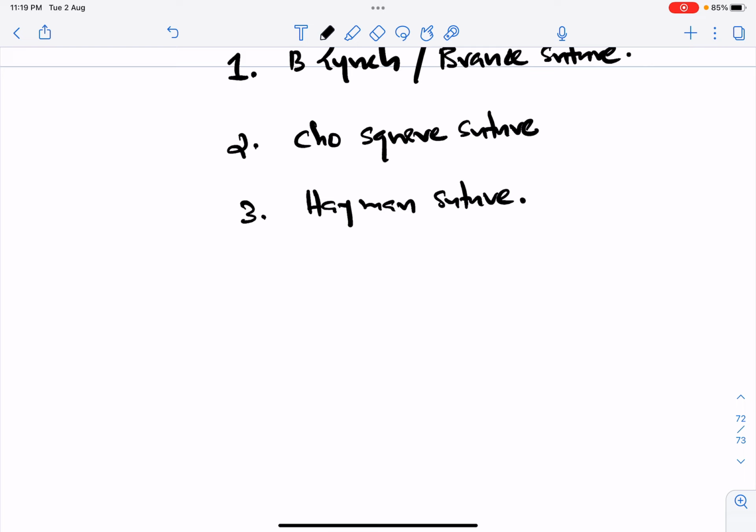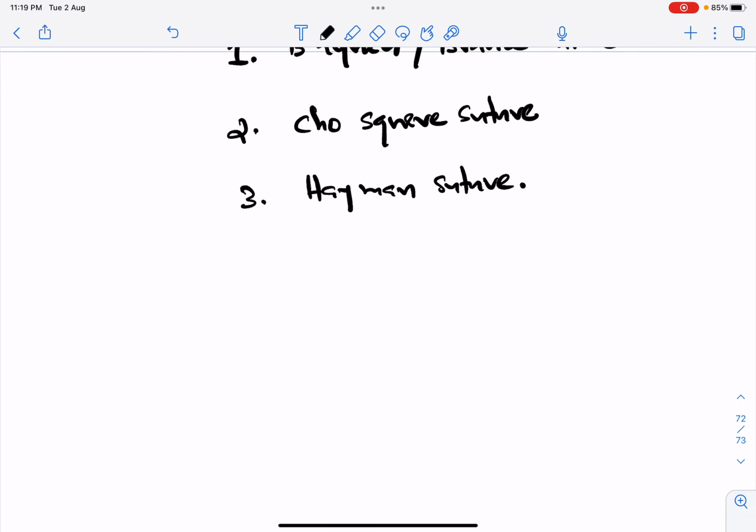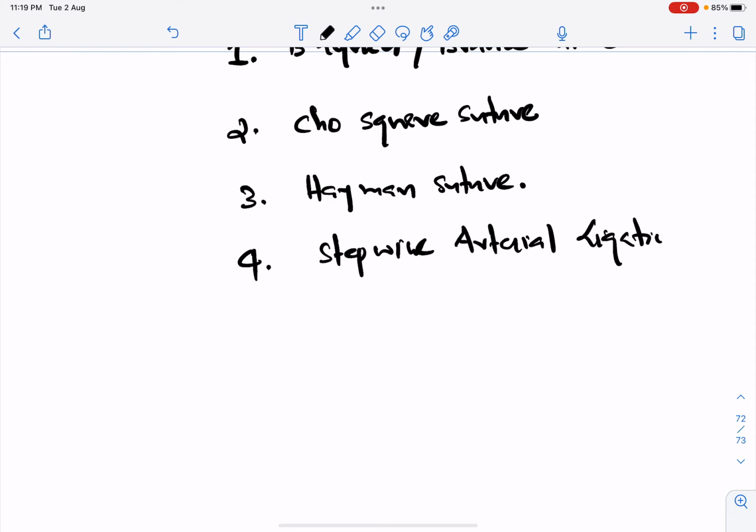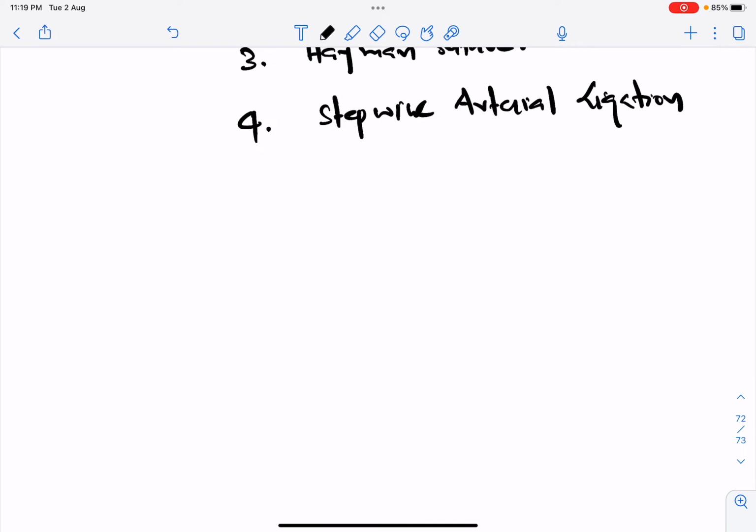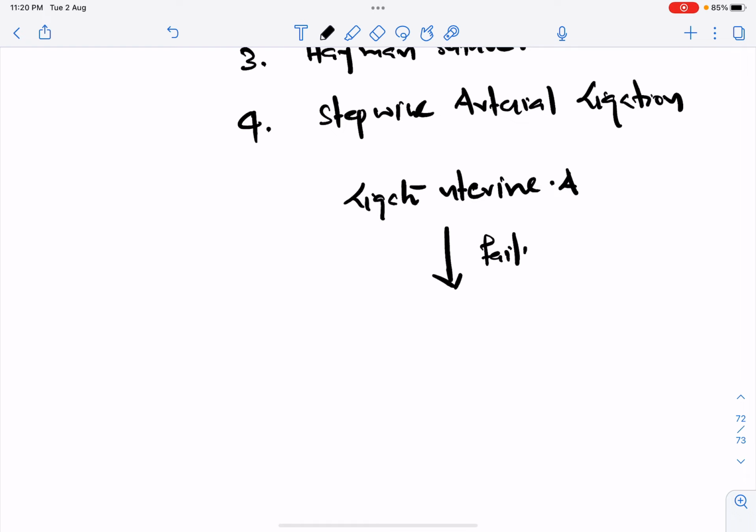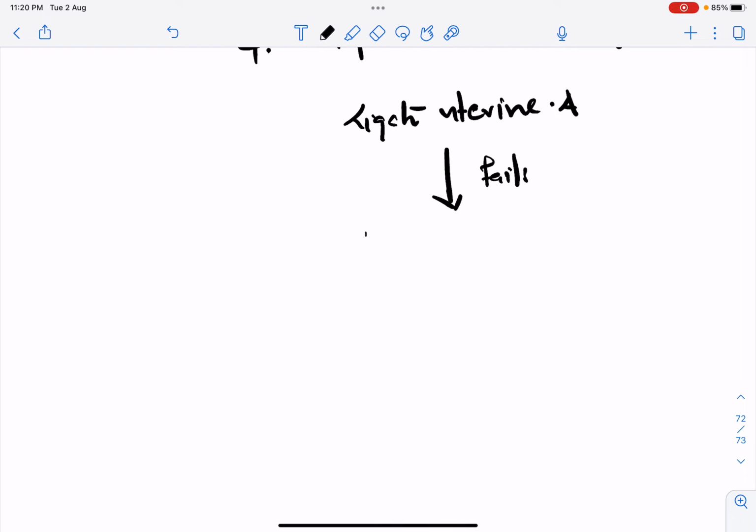If it is not controlled with suturing, you can go for stepwise arterial ligation. First ligate the uterine artery. If it fails, you can ligate the utero-ovarian anastomosis.